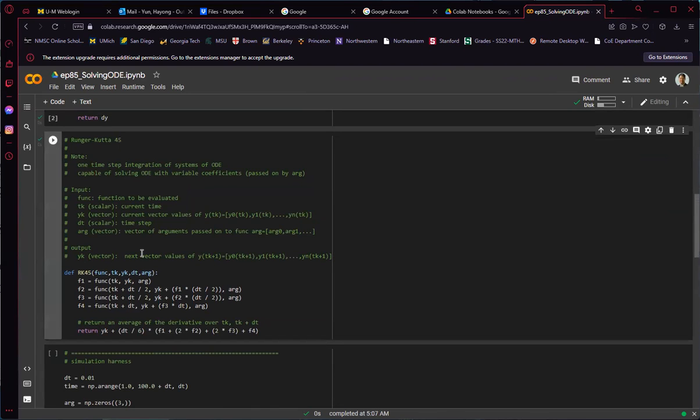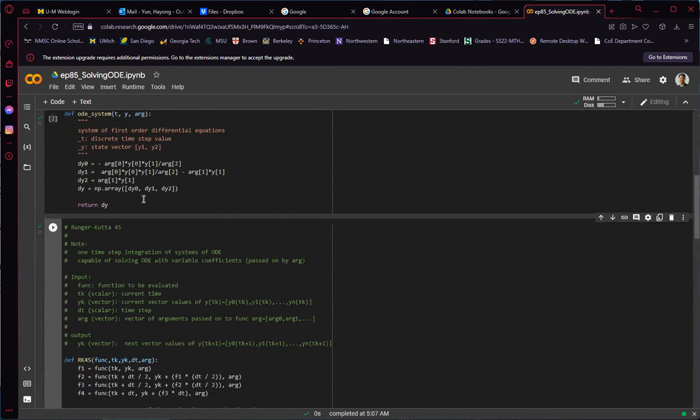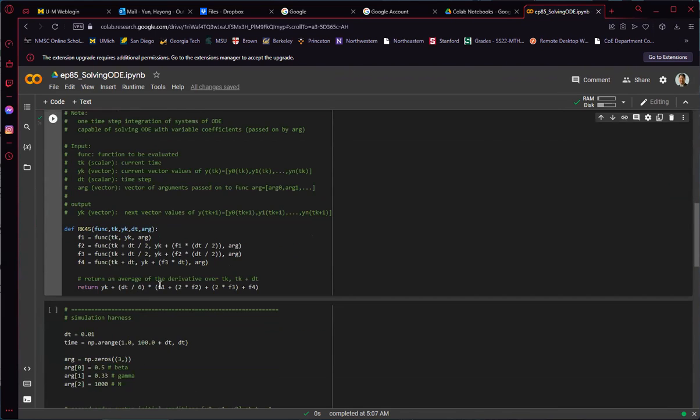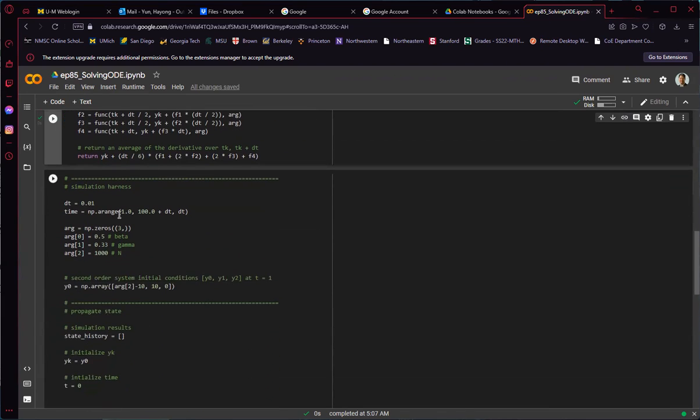Okay. So now we can actually use this, our function we want to solve. This is a generic function of just time integration of one step. Here, the time step being 0.01, we run from 1 to 100.